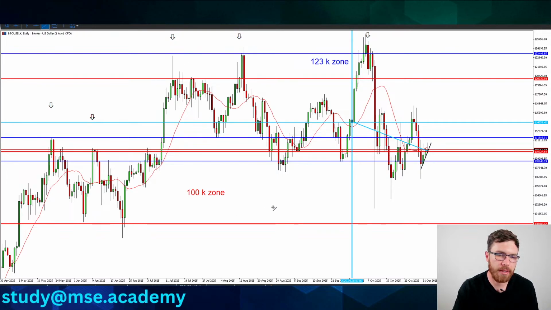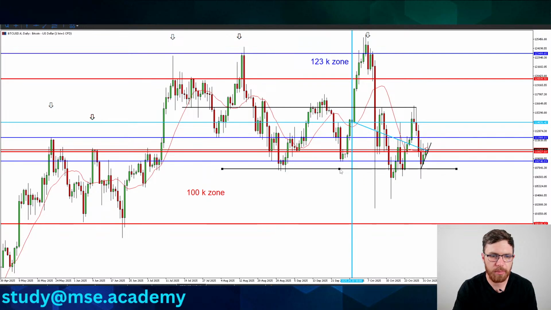Just to add to these chart studies, a level that's been very strongly respected is around $115,000. Price is testing this level, breaking back down, testing this level, breaking back down. And the same to the downside, this level at around $107,000 has been tested a lot as well. So there is that range.